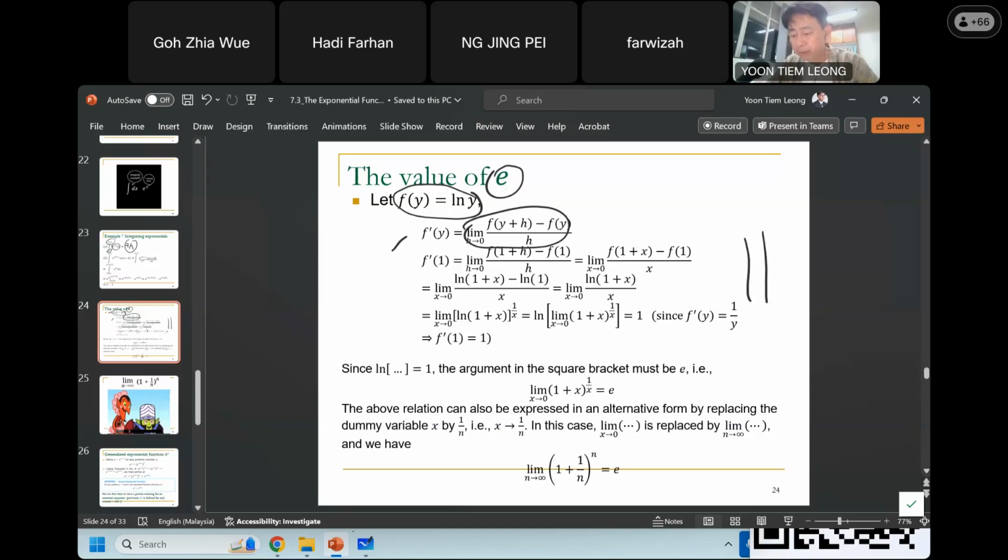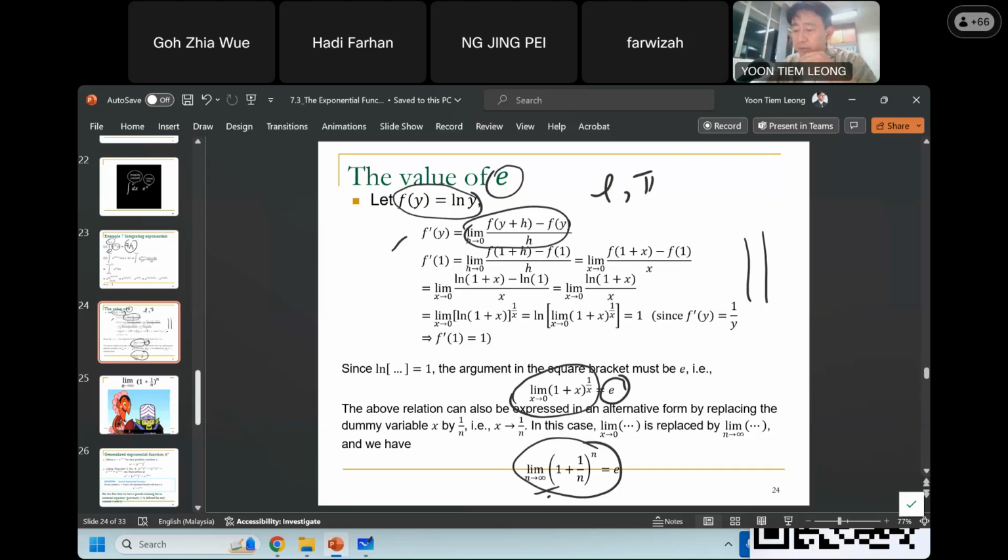Then finally, you show that the value of the e number, the natural number or Euler's number, is just equal to the limit of this very complicated function, 1 plus x raised to the power of 1 over x, as x goes to 0. So that could be easily done in a computer.